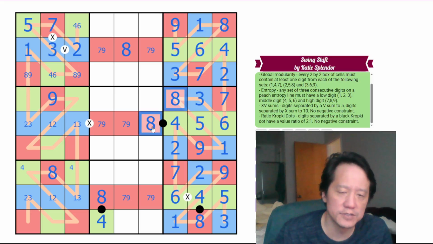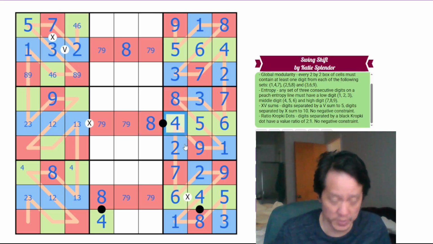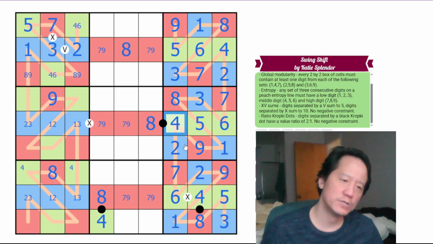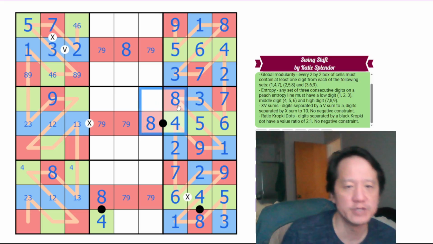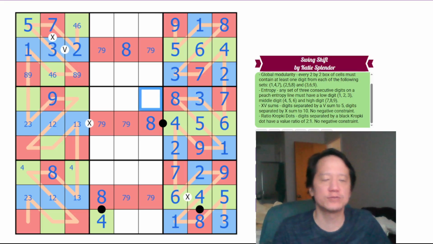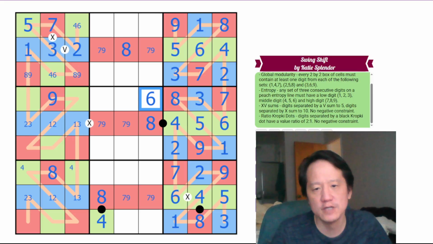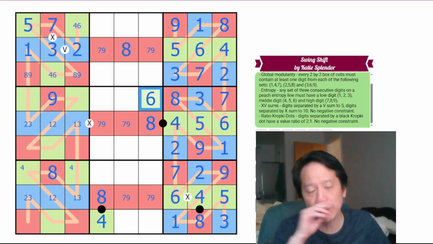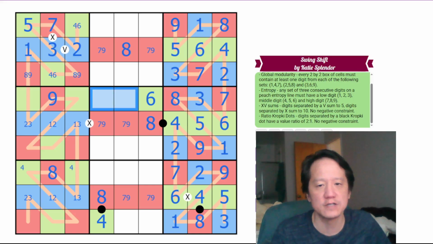This is 8 and this is 8. So they're both 2 modulo 3. This is 1 modulo 3. So we need a 0 modulo 3 in that 2 by 2 area. This can't be 3 or 9. Therefore, the only 0 modulo 3 left is 6. So this is 6. This is also a medium, which leaves these as lows.